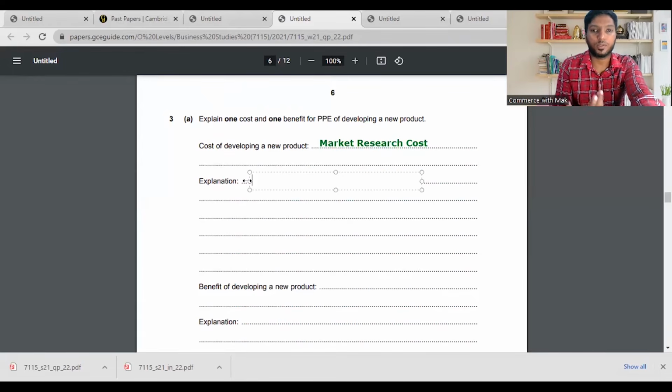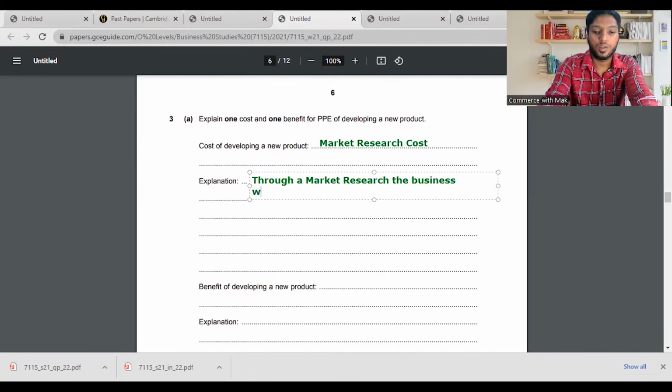So what is the explanation we can give? Why do you need to have a cost of market research? What might be a possible thing happening through a market research? Through a market research, the business will be able to understand what the customers need and want.